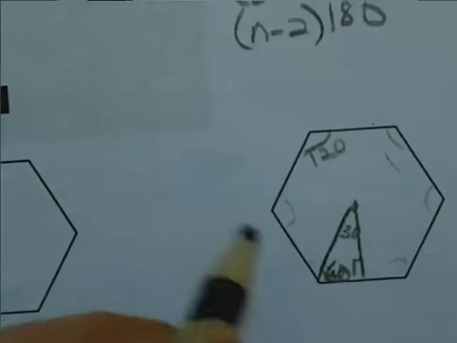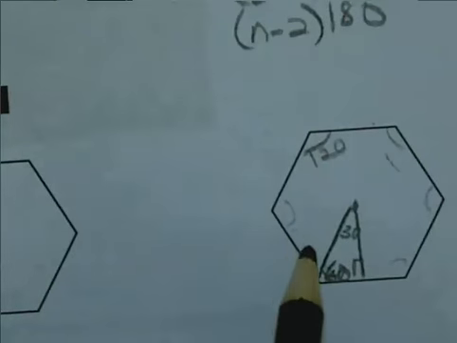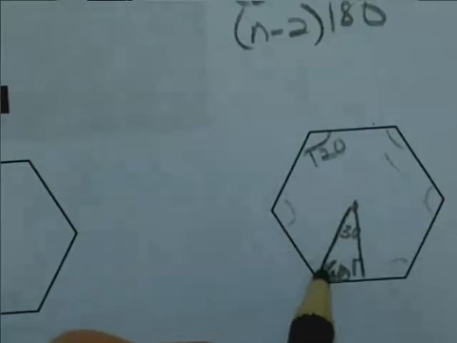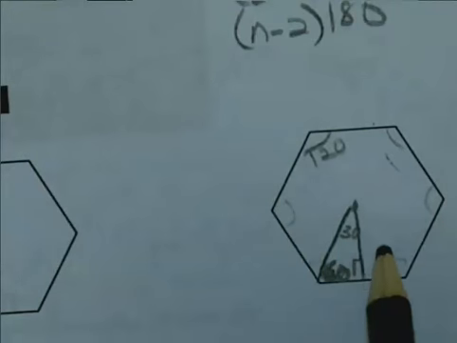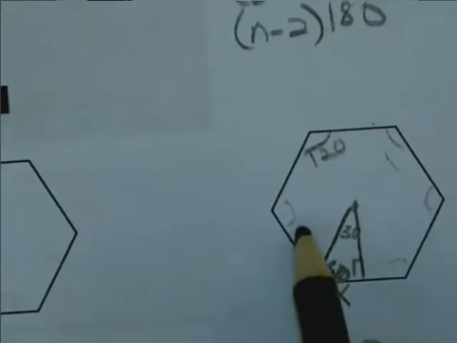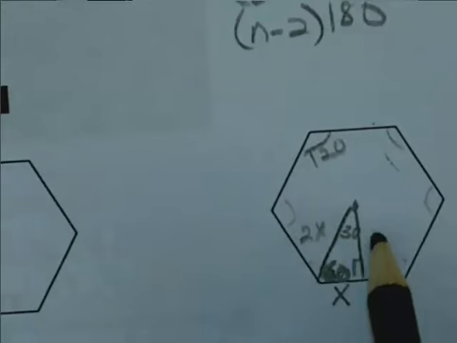So you have 30, 60, 90. You may not be able to see that very well. So let's say that in this problem, first let's label it x, 2x, x square root 3.